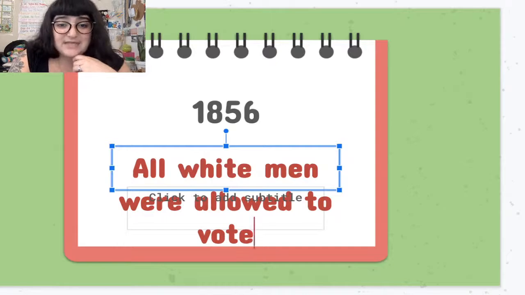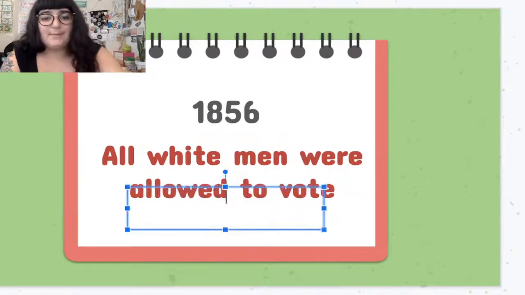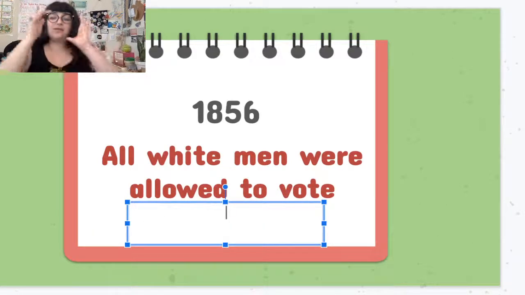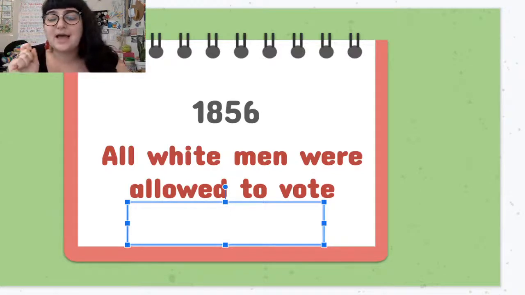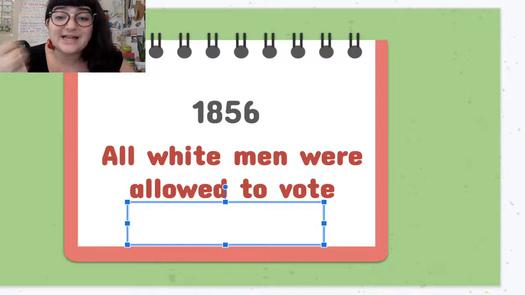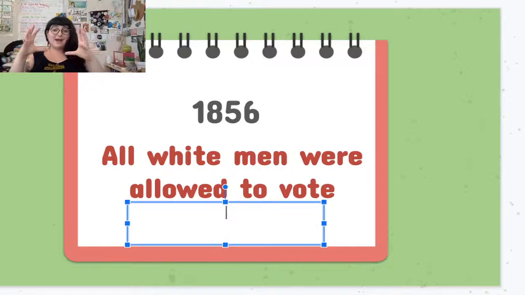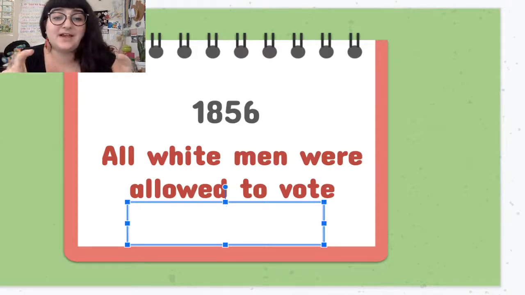And this is because remember, our federal government has given the power to change who gets to vote into the hands of the states. The federal government has handed off the responsibility of giving people the right to vote to the states.